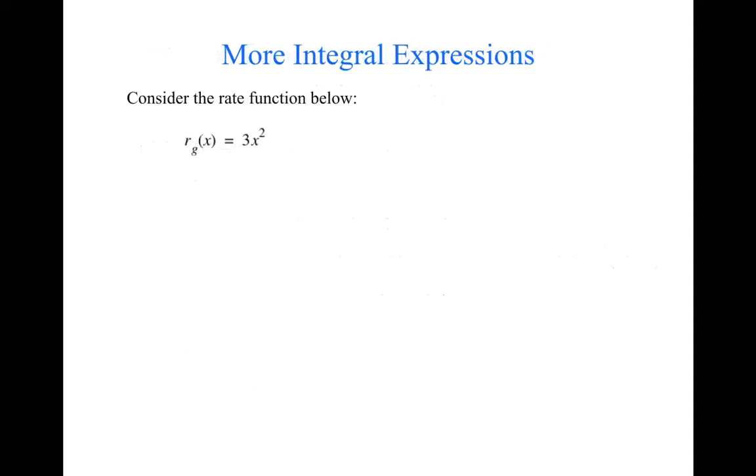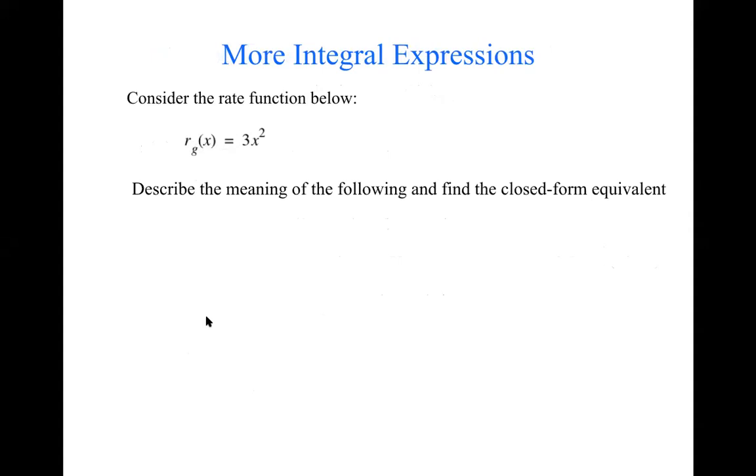here. This. So here's a rate function. The rate of change of function g with respect to x is given by 3x squared. Think about what each of these would mean, and since I'm guessing you can figure out an accumulation function that has this rate, think about what function it is that has this rate.